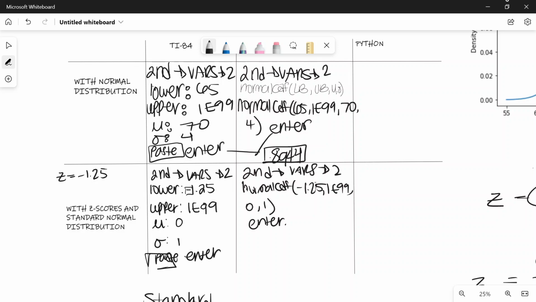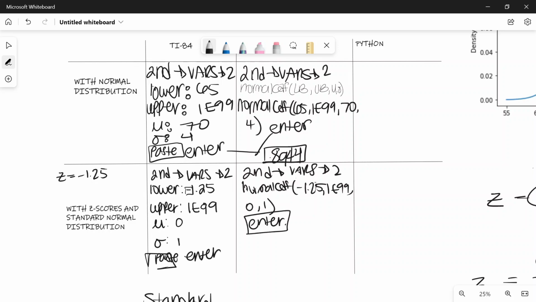So I'll do second, vars 2, -1.25. We'll see if we get the right answer with the negative, because I'm pretty sure I'm supposed to take the negative out, or if I'm wrong, I think I'm confusing that with T star. 0.8944, yeah. Negative 1.25. Yeah, no, okay, we got the right thing.